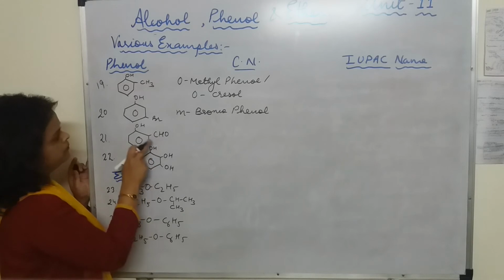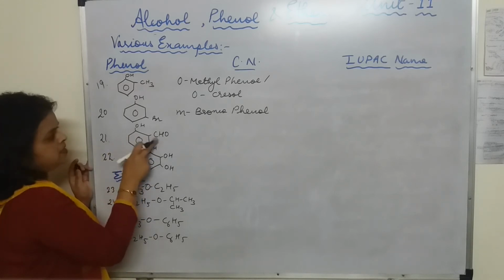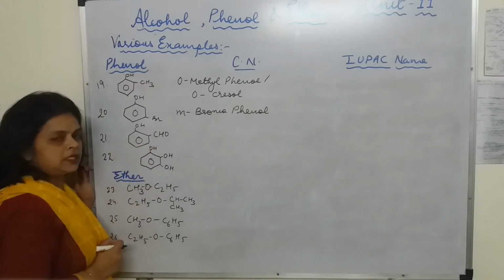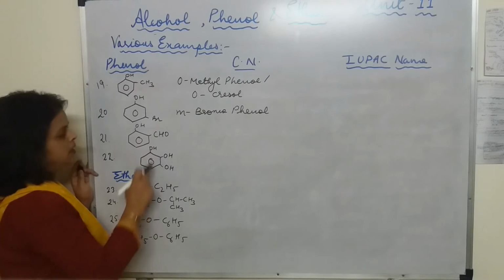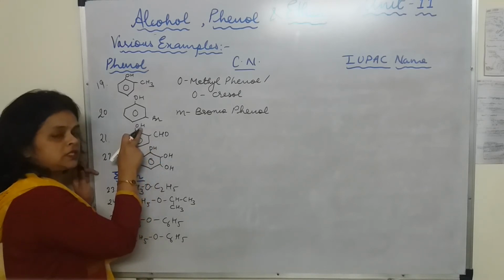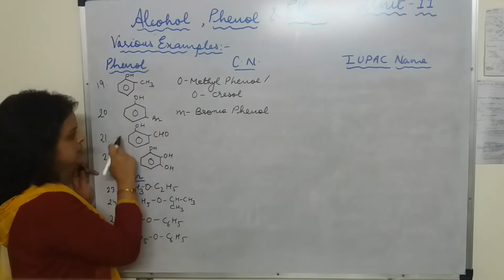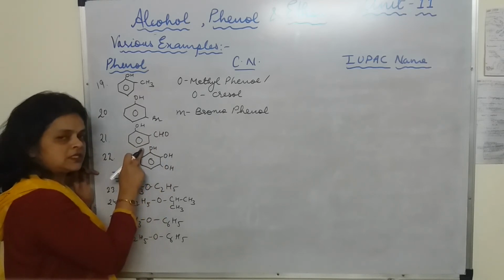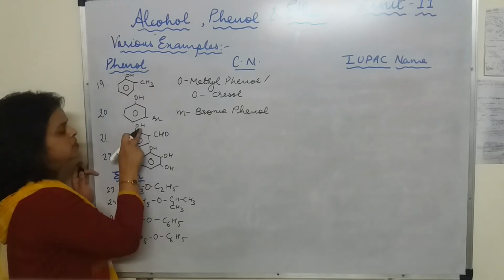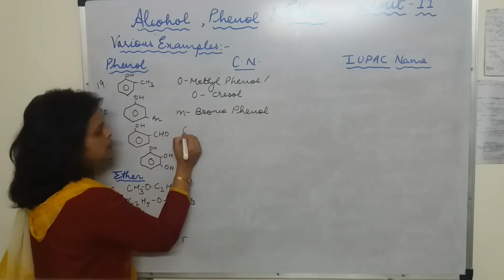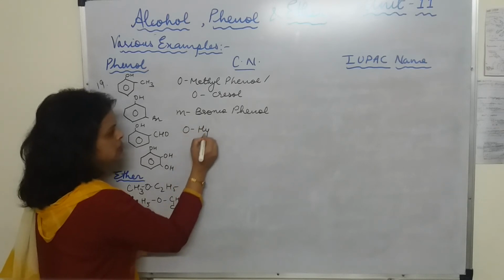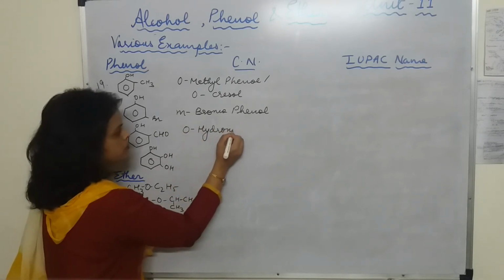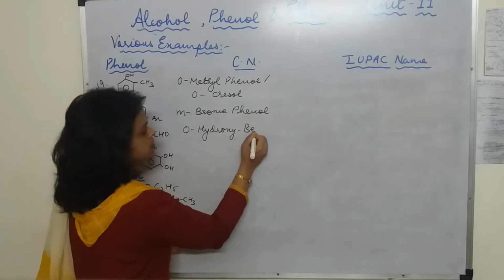Okay, here OH group and CHO group, they are attached at the ortho position, and among them this OH it is junior, so we will take this as a parent compound. CHO group attached to benzene, this is benzaldehyde, and this will be the substituent, that is hydroxy at ortho position, so we will write ortho-hydroxybenzaldehyde.